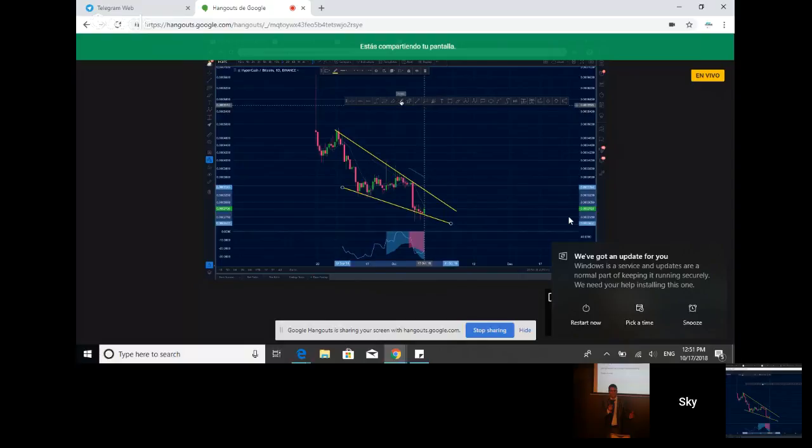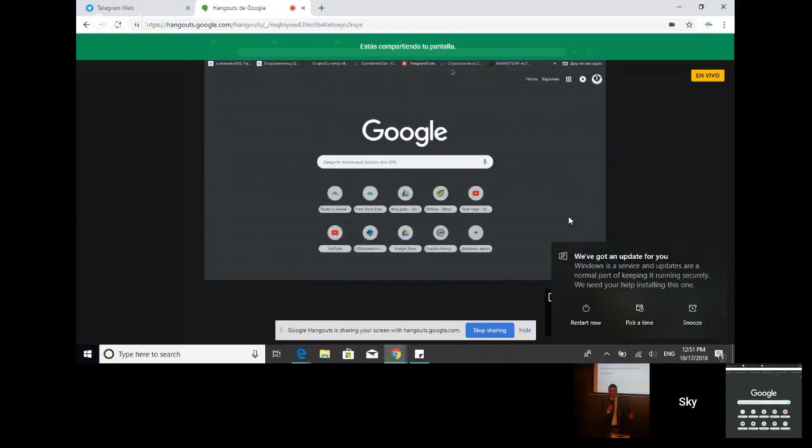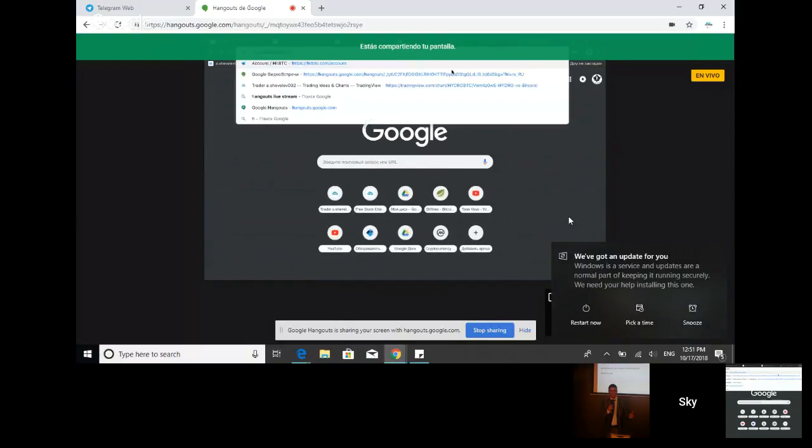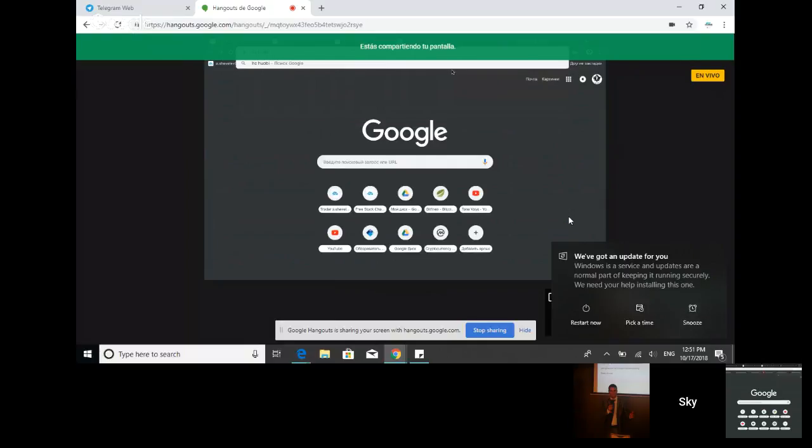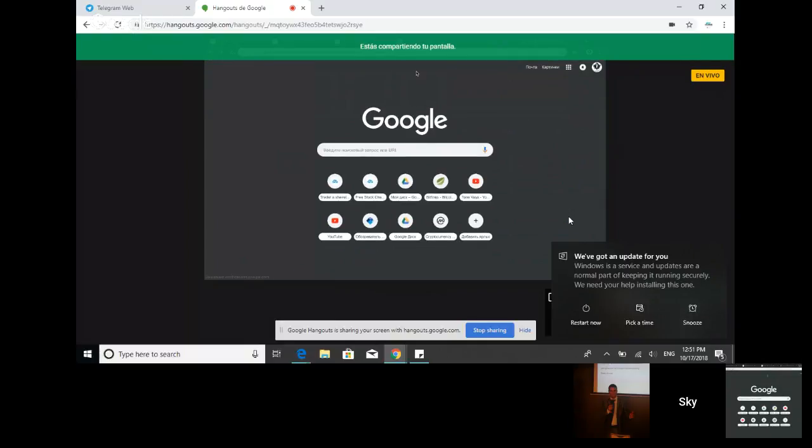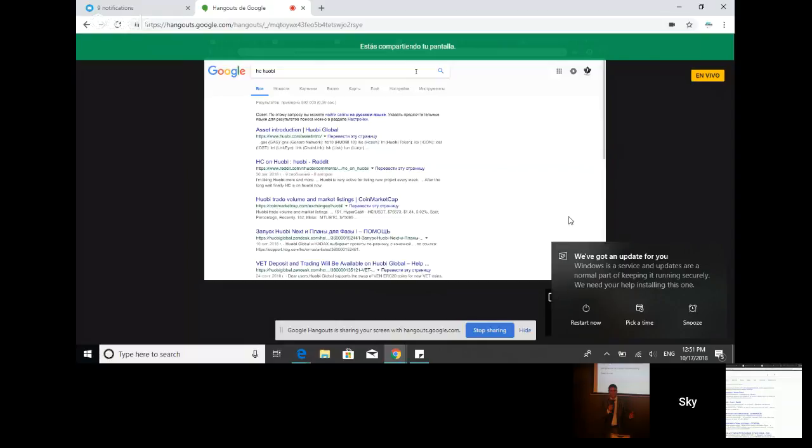In a descending wedge, price is moving from the resistance to support lines and eventually breaks to the upside. In most cases, it breaks to the upside. I will check hypercash on Huobi to show you the full size of this.